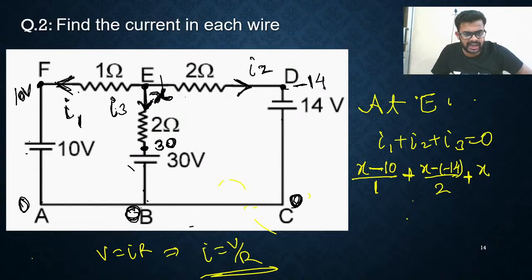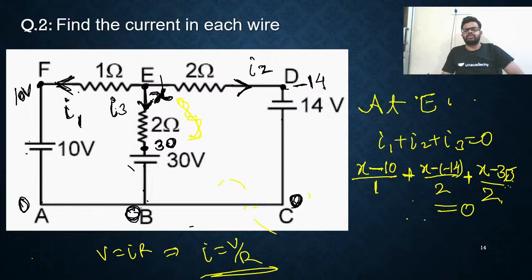Across this resistance, what is the voltage drop? At E voltage is X, and after this resistance you are having 30 volt. So X minus 30, divided by its resistance 2 ohm, and the sum of all this should be 0.